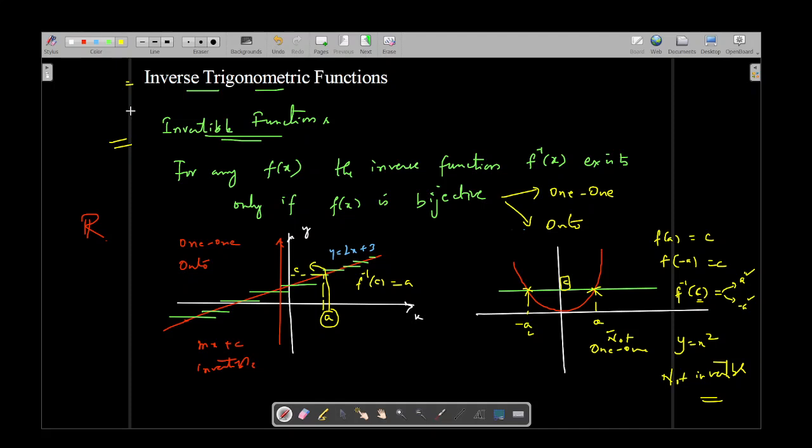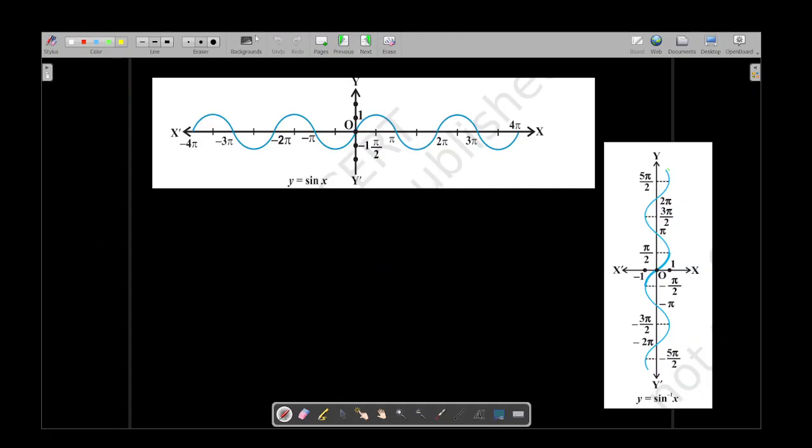Let us take the trigonometric functions one by one and see whether each is invertible or not, or if there are any conditions we have to check to make it invertible. Let's take our simple trigonometric function y is equal to sin x. Here you can clearly see this is the graph of sin x.